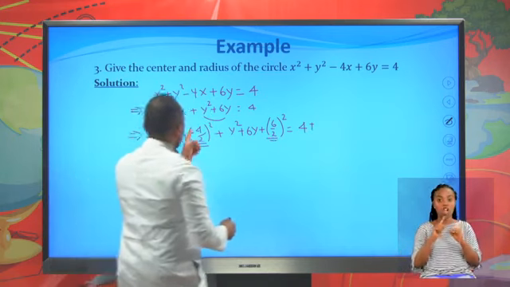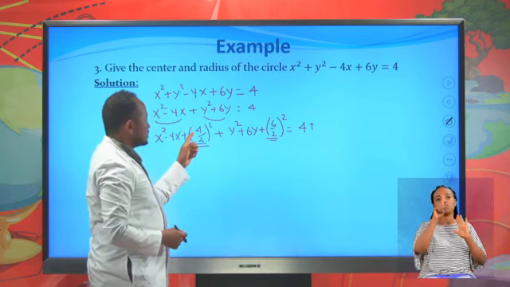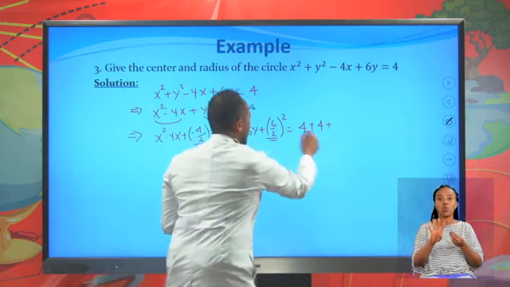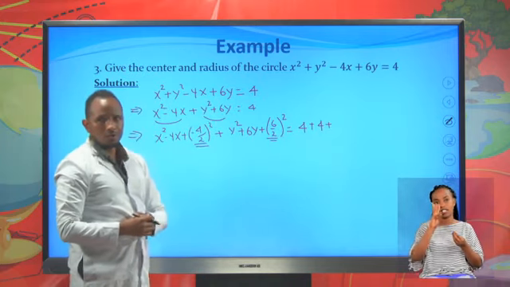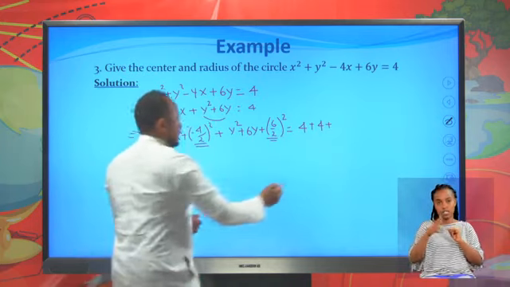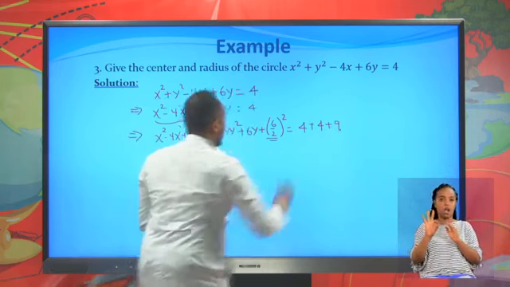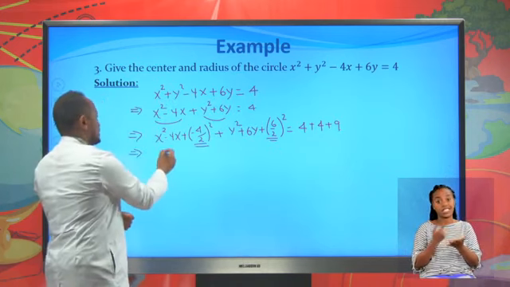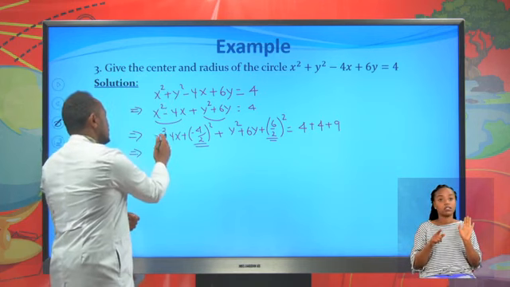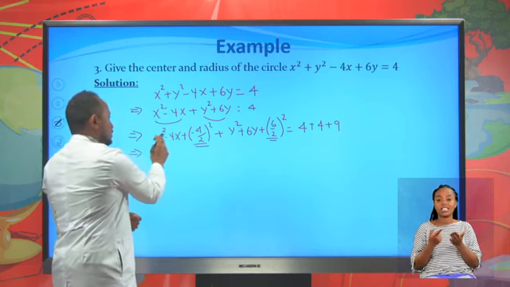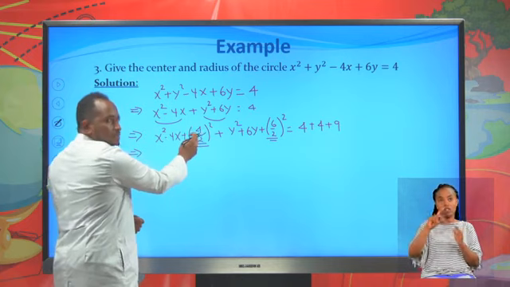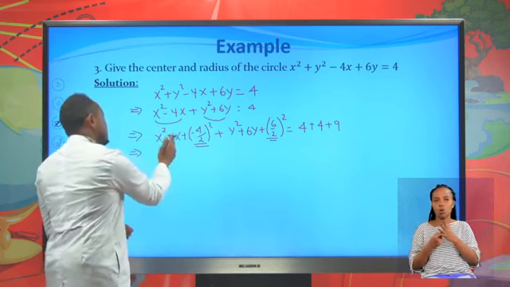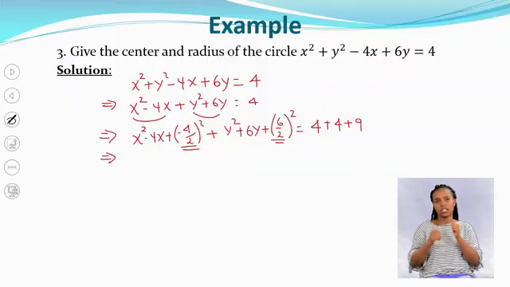Therefore, you add negative 4 over 2, which is negative 2, squared, which is 4. You add 4. And 6 over 2 is 3, 3 squared is 9. You add 9 here. Now this means it is the square of x minus 2, or x minus half of the middle term.